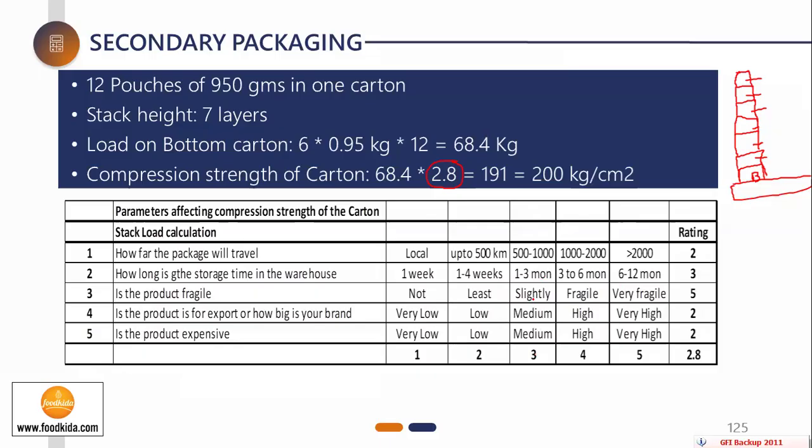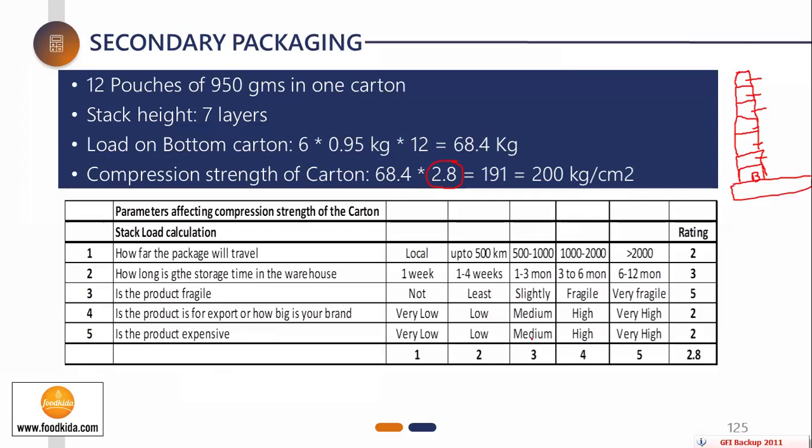So is the product fragile? Not at all, slightly fragile, very fragile. Because mine is a glass bottle, I take 5. Yeah, it is highly brittle. Is the product for export? How big is your brand? This is up to your brand value and so on, so you can rate it accordingly.